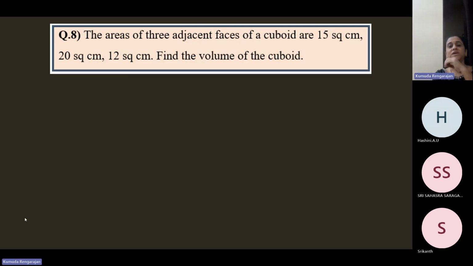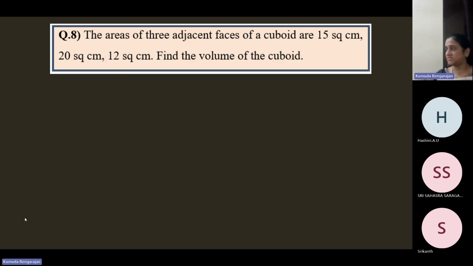The areas of the 3 adjacent faces of a cuboid. I'll tell you what the adjacent faces are. There are 6 faces, but all 6 faces are not different. We have 3 different faces.